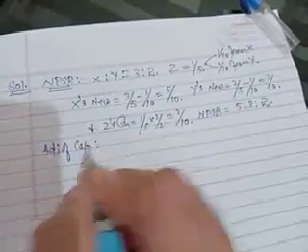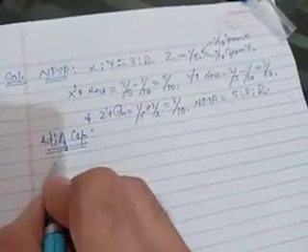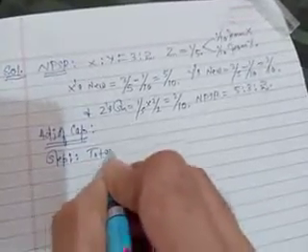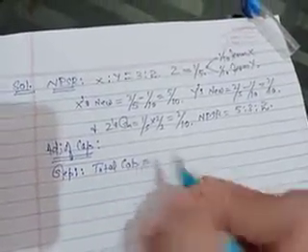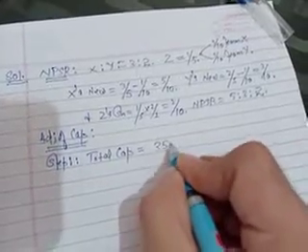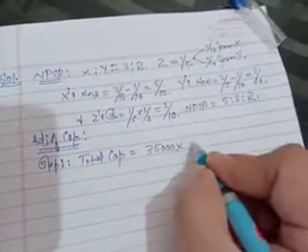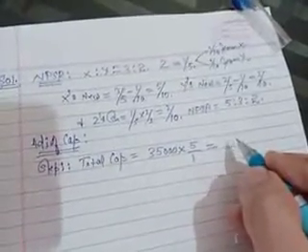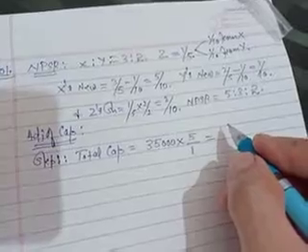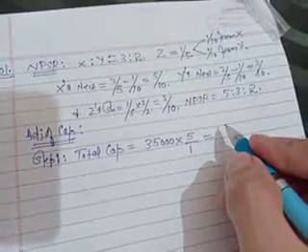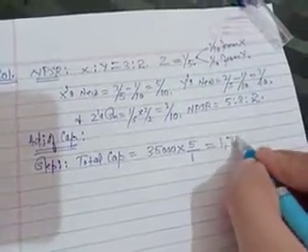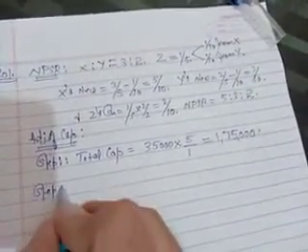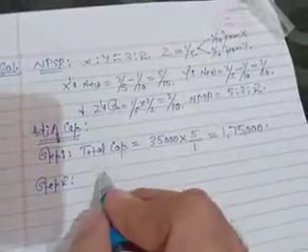Now we are doing the adjustment of capitals. Let's apply the steps that we have just learned. Step 1, total capital. Now total capital will be Z's capital, that is 35,000, into reciprocal of his share, that means 5/1. So it comes out to be 1,75,000. Now step 2, we divide it into NPSR.